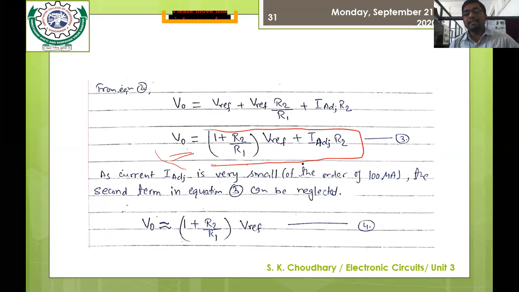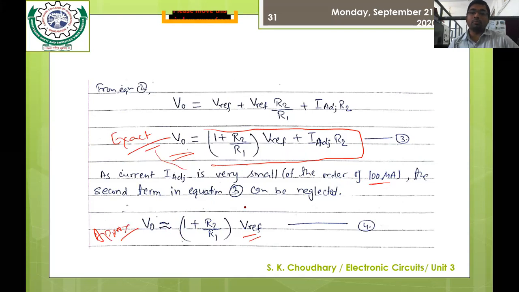In lots of cases, we have to neglect the effect of I adjustable because it is very small, of the order of 100 microampere. So the second term can be neglected, and we can write the approximate formula of the output voltage for LM317, that is (1 plus R2 upon R1) into V reference. So this is the approximation and this is exact.